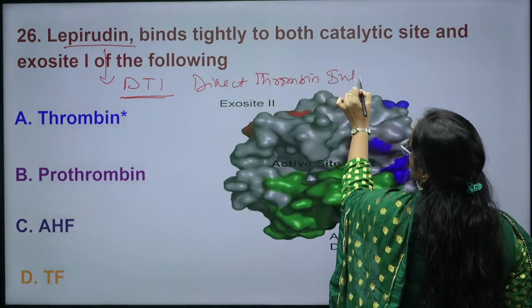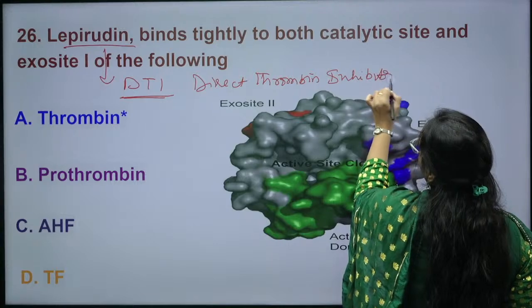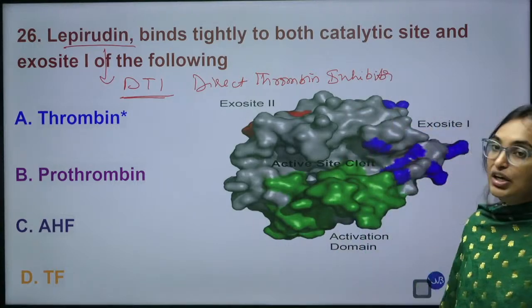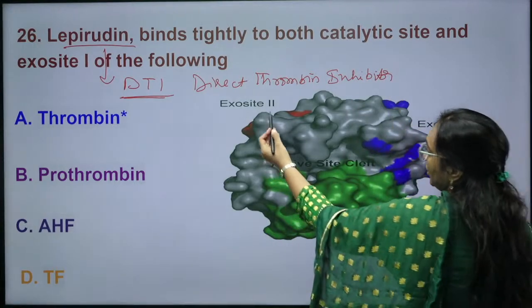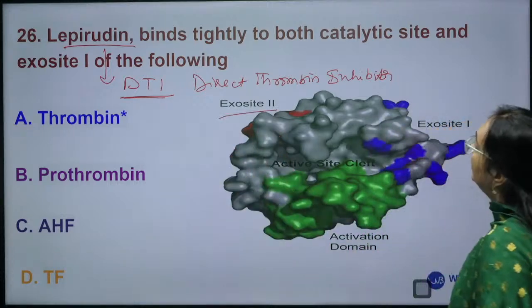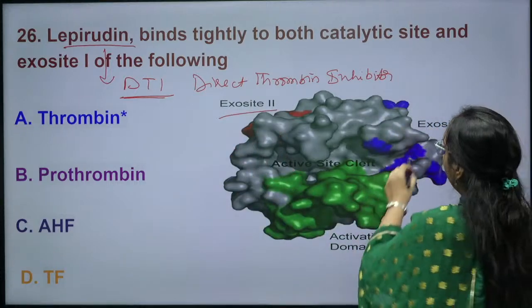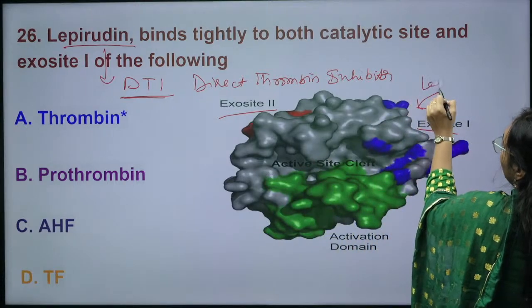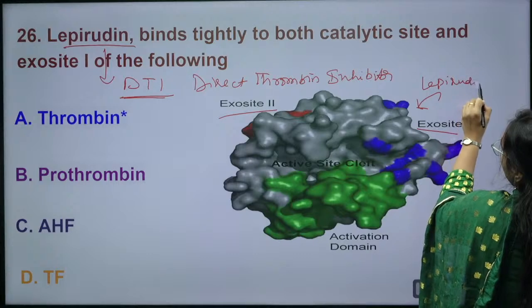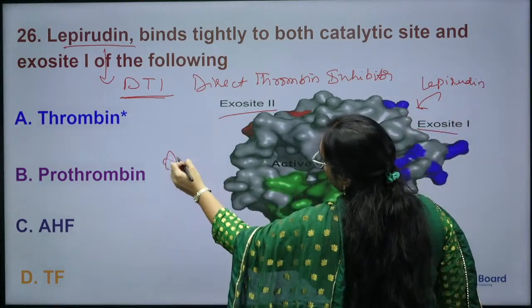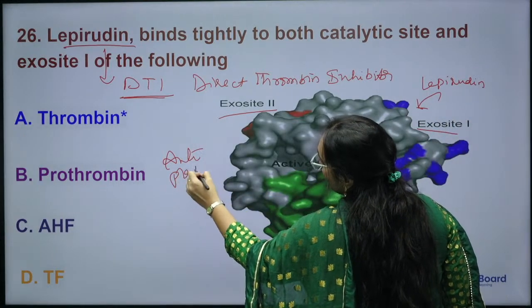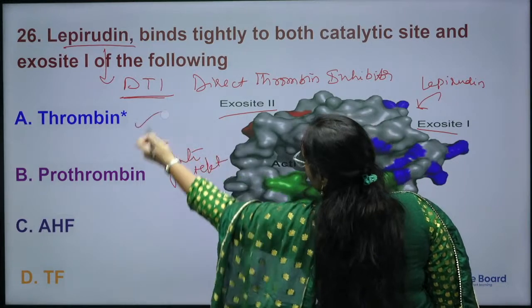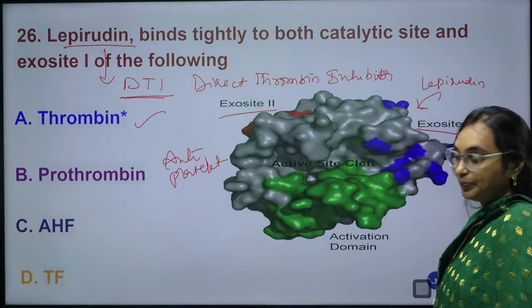It goes and binds to the thrombin and inhibits the thrombin. It binds the catalytic site and exosite 1 of thrombin, and it shows the antiplatelet action. That is why the answer is thrombin, A.